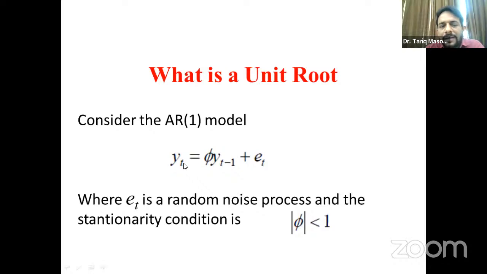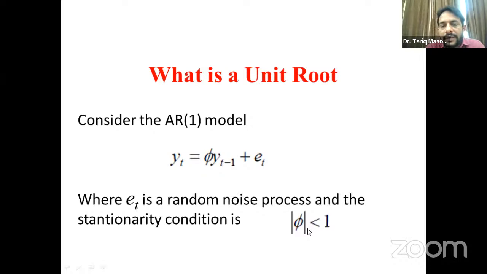The stationarity condition is that if the absolute value of this coefficient phi is less than 1, we can prove with mathematical derivation that yt is a stationary series.